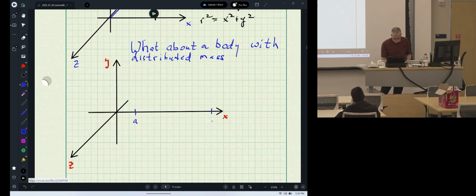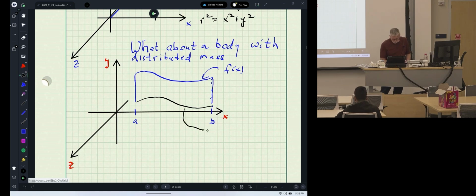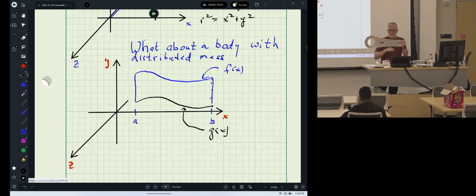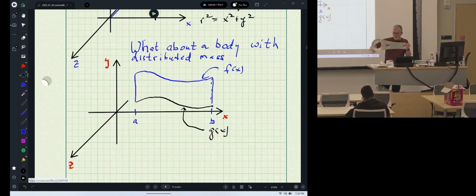Same game as before. We have functions. So we have a body that's upper bounded by f of x in the y direction and lower bounded by g of x.